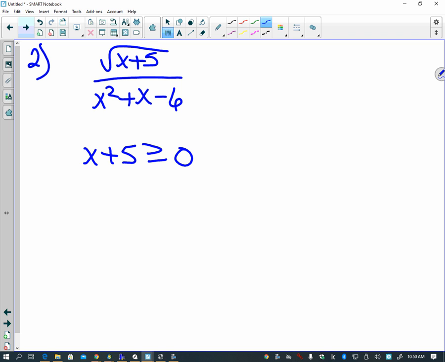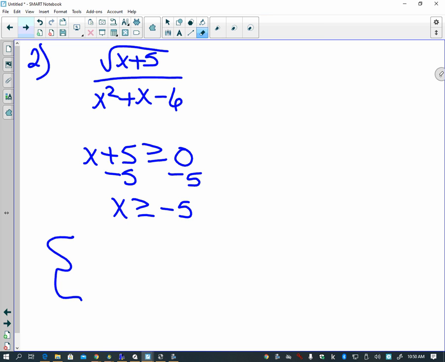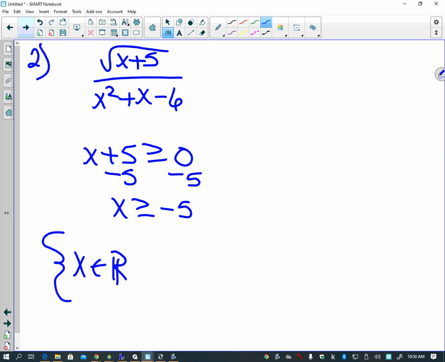Greater than or equal to 0. Subtract 5. So x must be greater than or equal to negative 5. X is the set of all real values such that, so far, x is greater than or equal to negative 5.